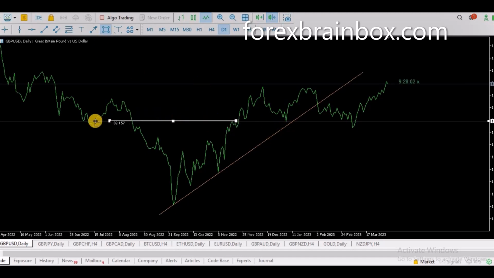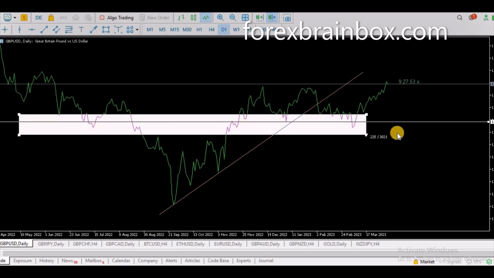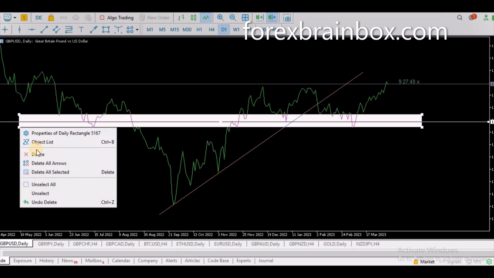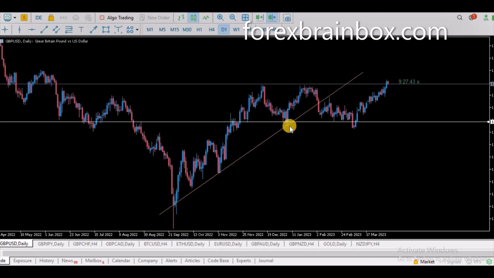This zone, you can see how it tallies with this level, right? You can see how they all work together now, right? So I'm going to remove this. Now you can see the engulfing candle that happened next engulfed the previous candle. When you go on the lower time frame, you can tell when to place your trade.